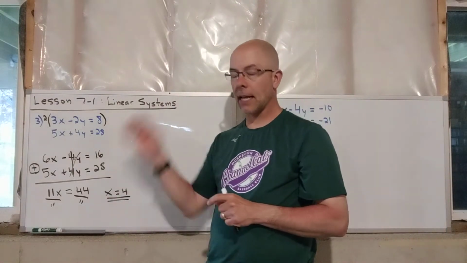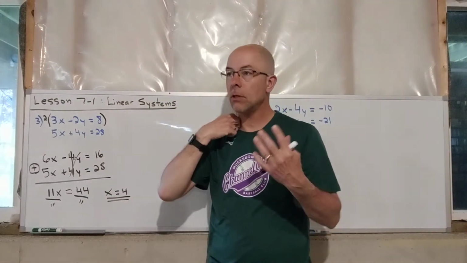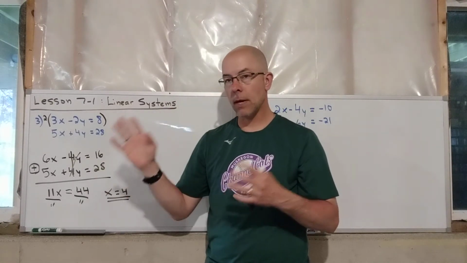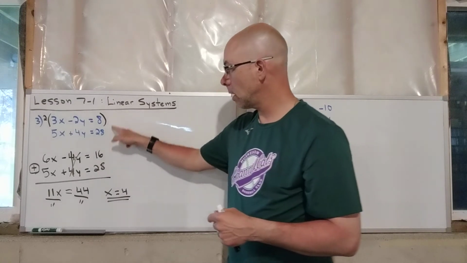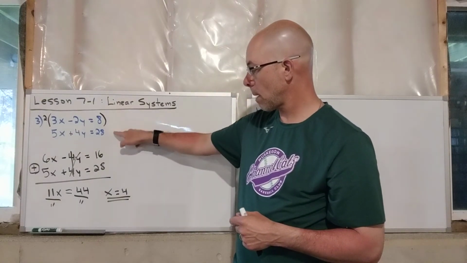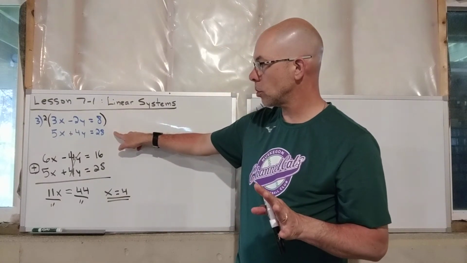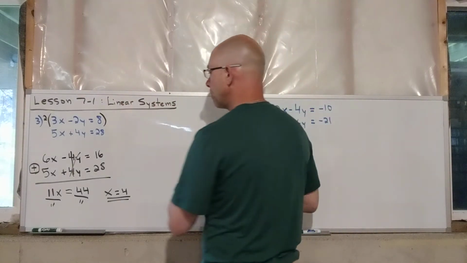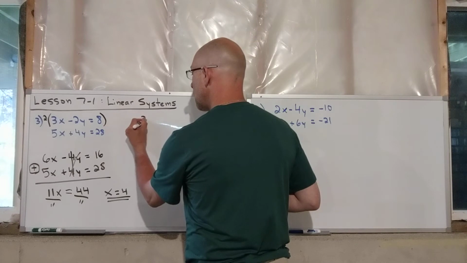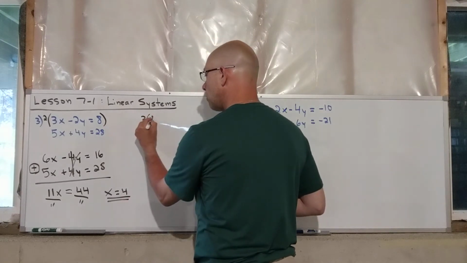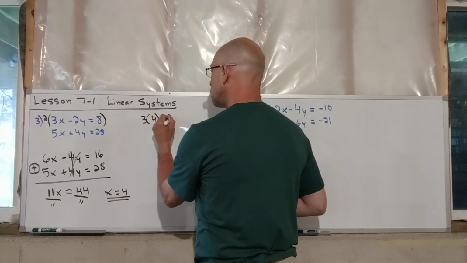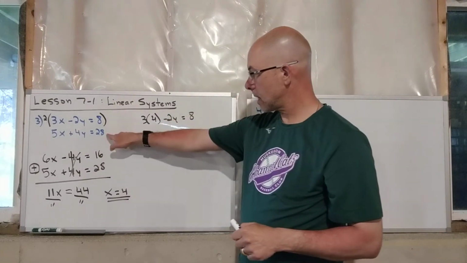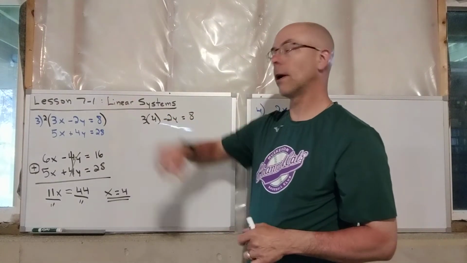Again, the fact that I got an answer for a variable tells me that these two lines are crossing, so I need a y value to make a point. You pick the equation. You plug this 4 back in for an x, whichever equation you want. Okay? I'm going to choose the top equation just because, which means I will write 4 in place of that x. I'll put 3 times 4 minus 2y equals 8. If you feel like plugging that into that equation instead, go for it.